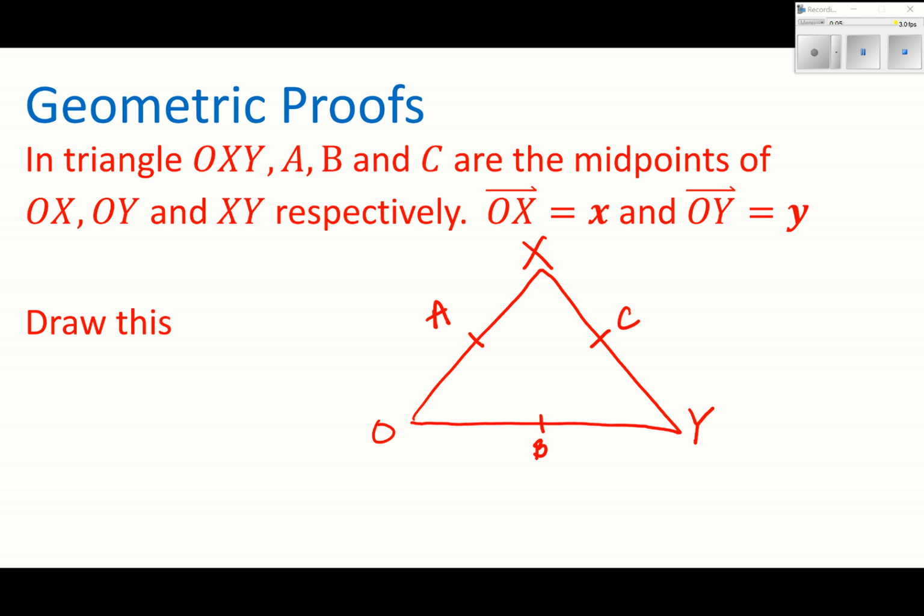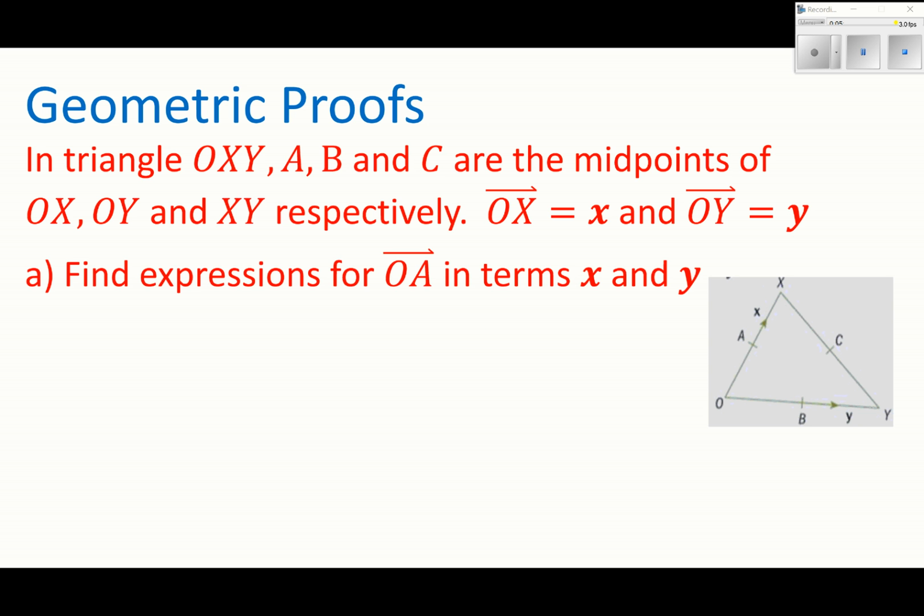So I have this triangle with OX, XY, OY, and the midpoints on there. Now it's saying our vector OX we're going to use as a boldface X. So I'm just going to change the color up a little bit. This I'm really going to call my vector X, and this my vector Y. So this is what it looks like if I were to draw this situation.